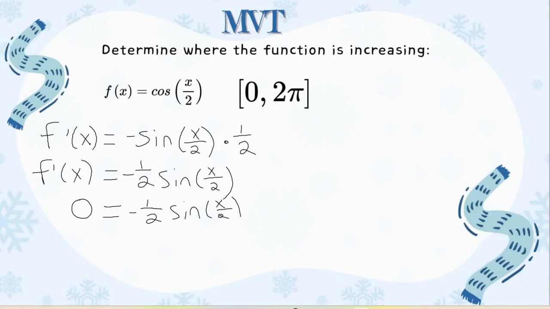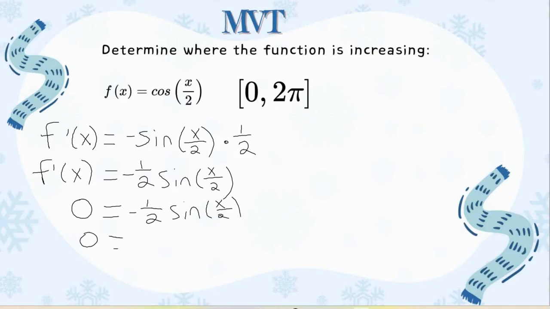Okay. So in this case, I have negative 1/2 times sine of x over 2 equals 0. How do I solve for that x? Couldn't you divide both sides by negative 1/2? Yeah, or multiply by negative 2. Either way is fine. Cool.